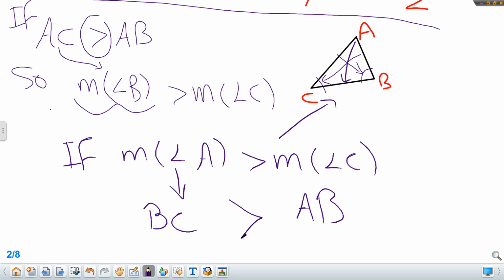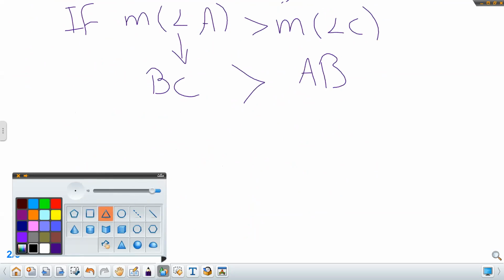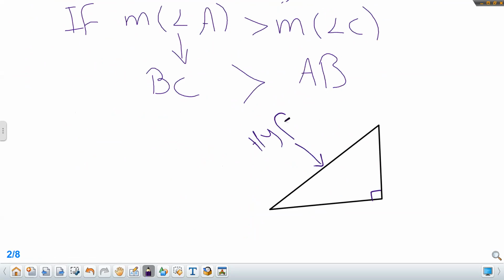Okay, I think it's easy. And if I have a triangle like this, what's this triangle? This triangle is a right triangle. Remember, the side opposite to the right angle is called the hypotenuse.